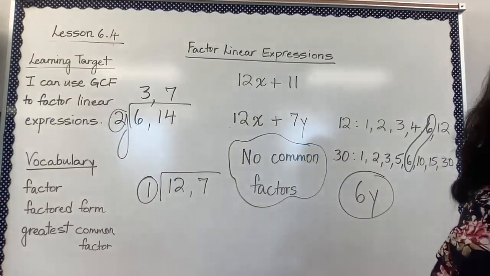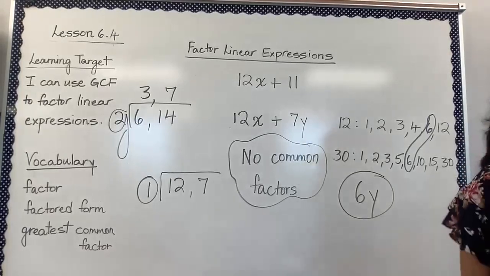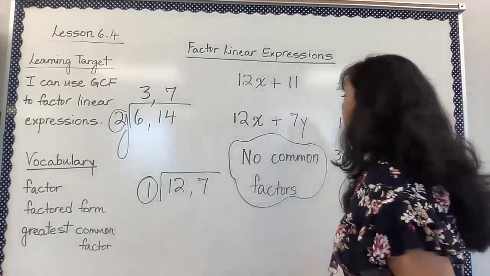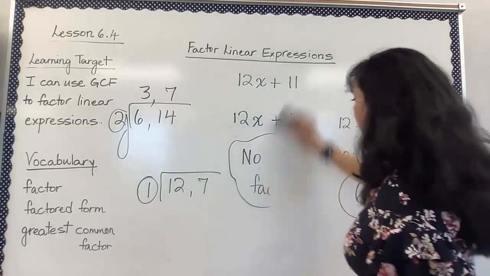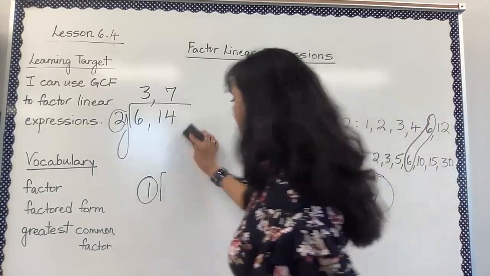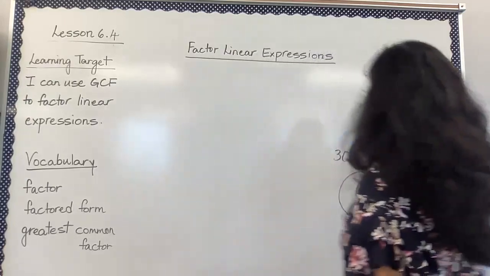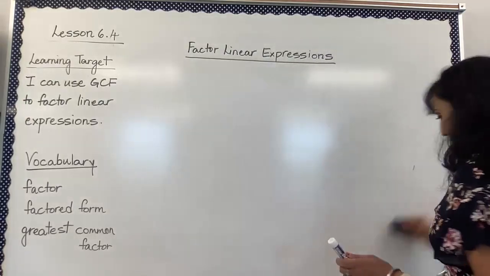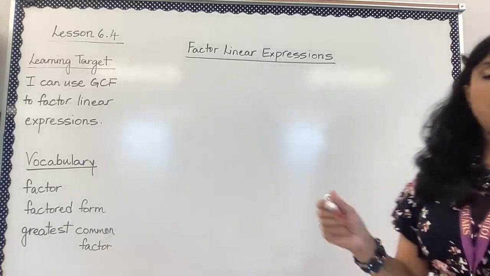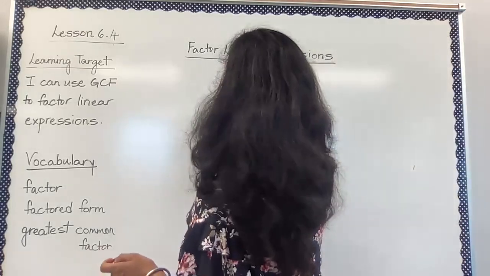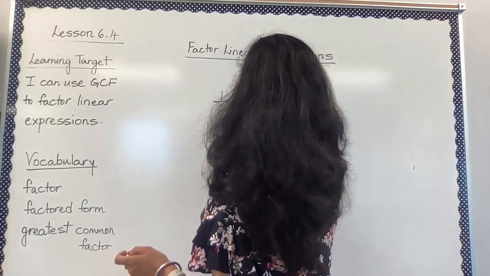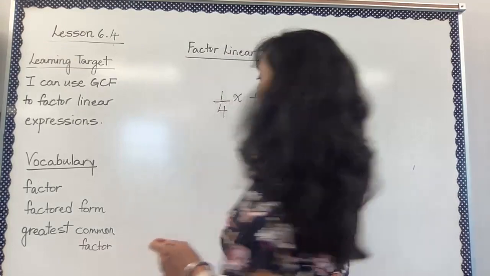All right, now let's do one last one where we are factoring using fractions, and it follows exactly the same principle with GCF. Okay, so if I give you 1/4 x plus 1/4.